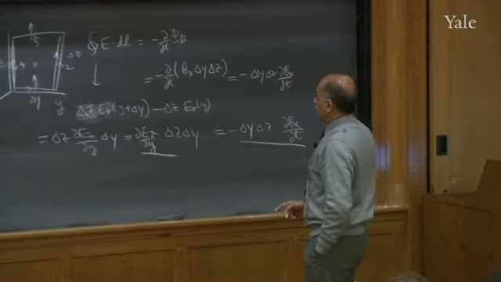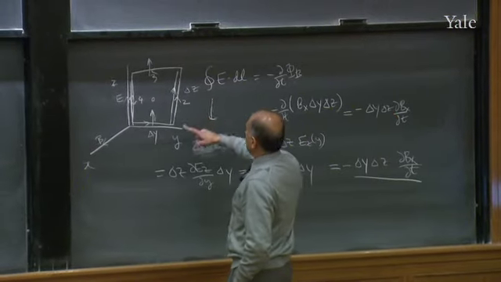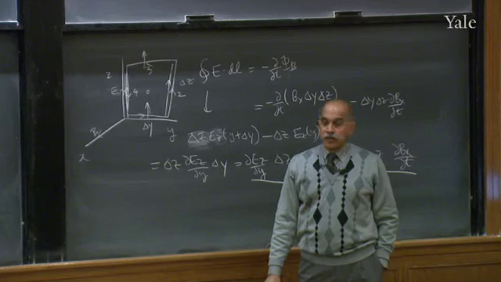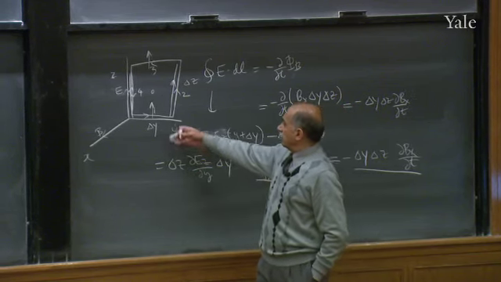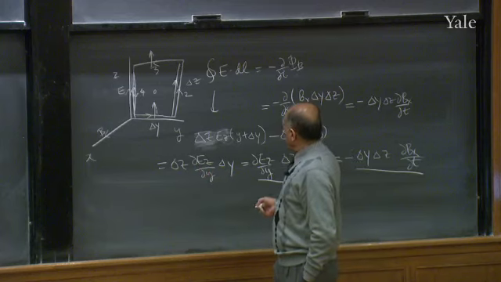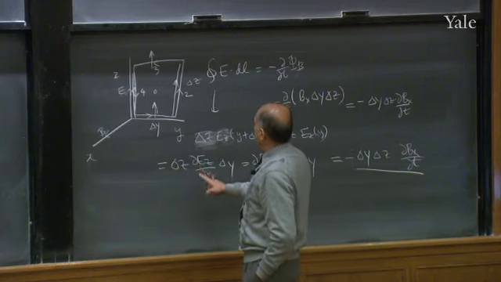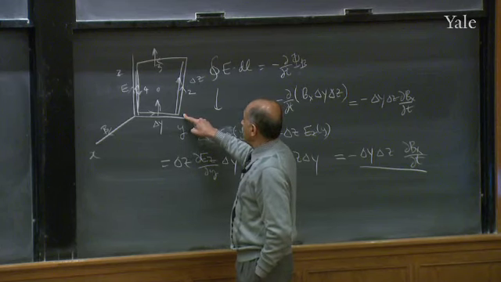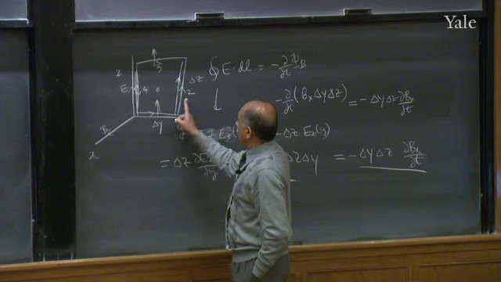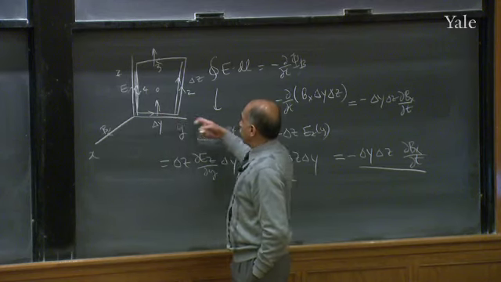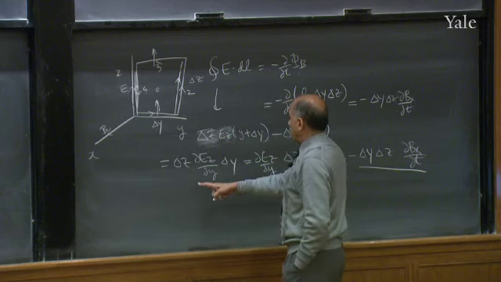So what is remarkable is the line integral and the surface integral are both proportional to the area. The surface integral being proportional to the area of the loop is obvious because it's a surface integral. Why is the line integral proportional to the area? Because one part of the line integral is the width of the loop, delta z. The other one comes in because the extent to which they don't cancel is due to the derivative of the field in the transverse direction. That brings you a delta y.